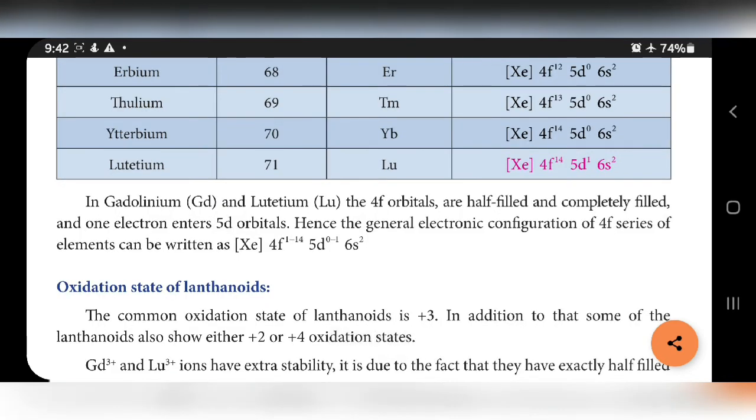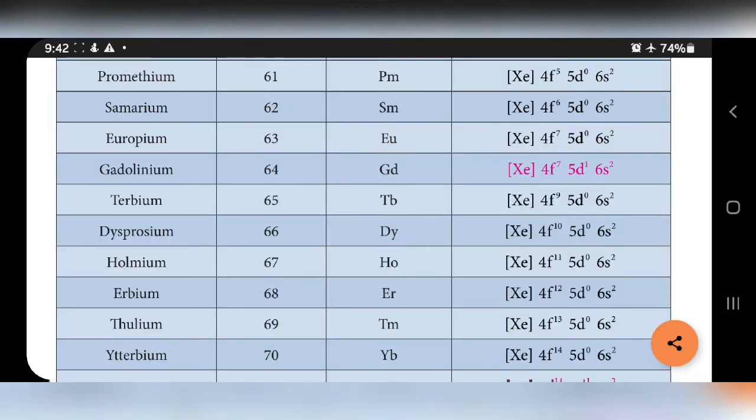In gadolinium and lutetium, the 4f orbitals are half filled and completely filled. See lutetium, completely filled 4f orbital. Maximum capacity of the f orbital is 14. So lutetium contains a fully filled 4f orbital. Gadolinium contains a half filled 4f orbital, because half of 14 is 7.